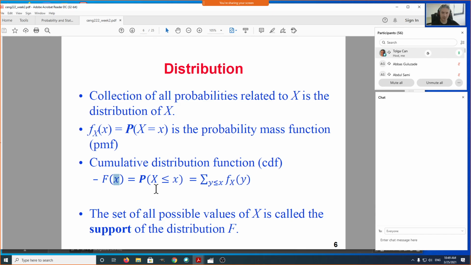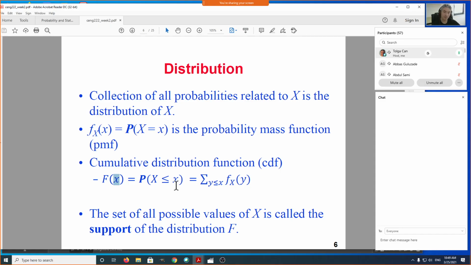And by the way, in the case of continuous random variables, whether we have included x or not would not matter, because at that exact point the probability is zero. The probability of X less than x and the probability of X less than or equal to x will be exactly the same in the case of continuous random variables, because the probability of X equal to x, that event, will be zero.